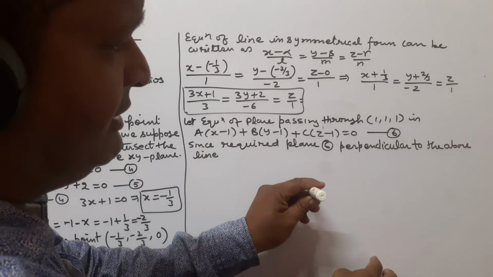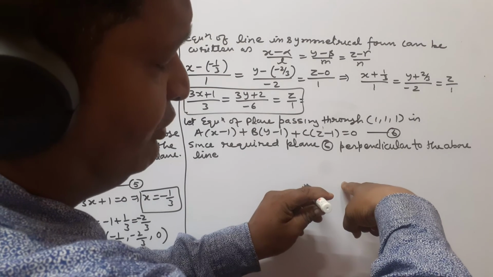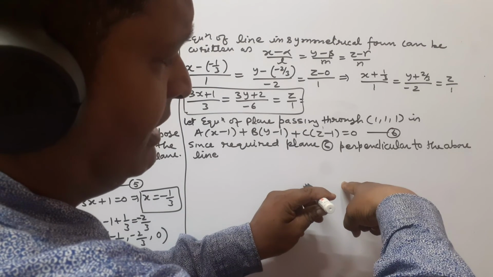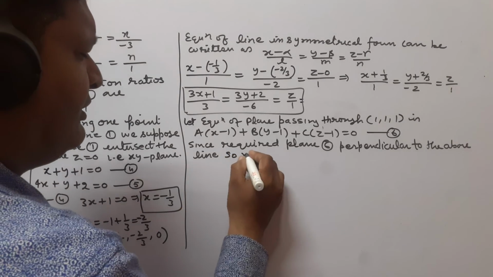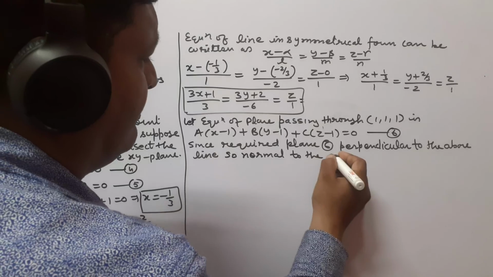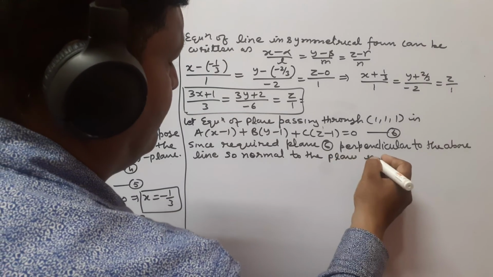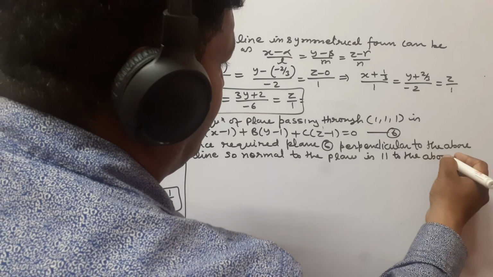So the required plane is perpendicular to this line. That means the normal to the plane is parallel to the above line.